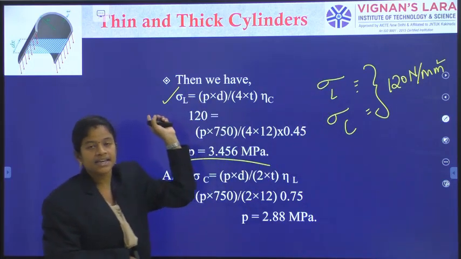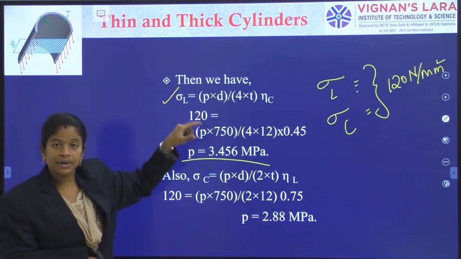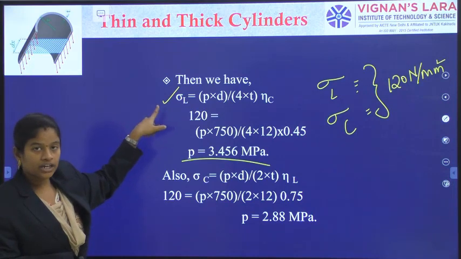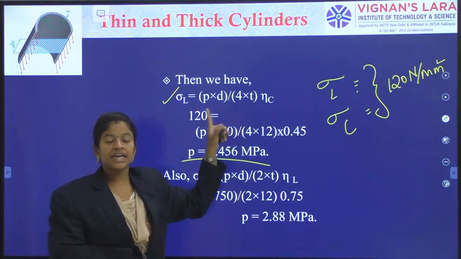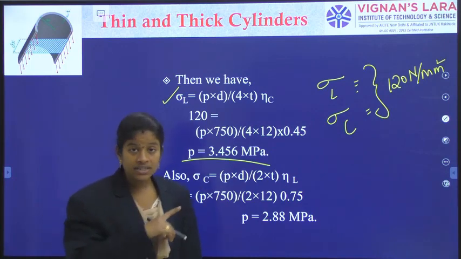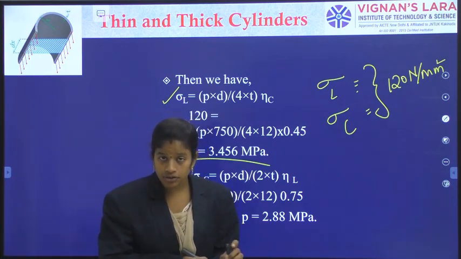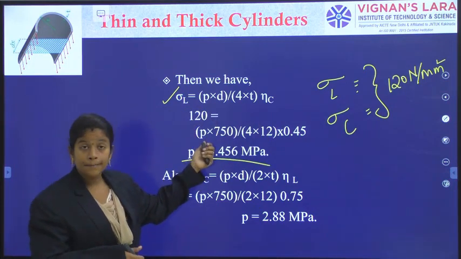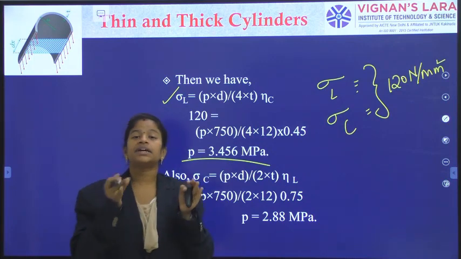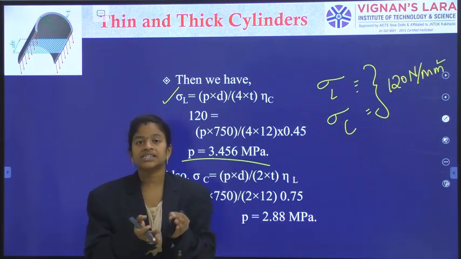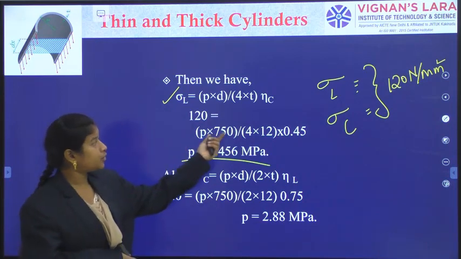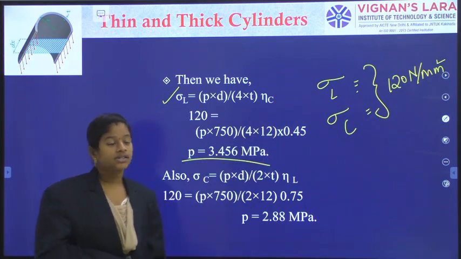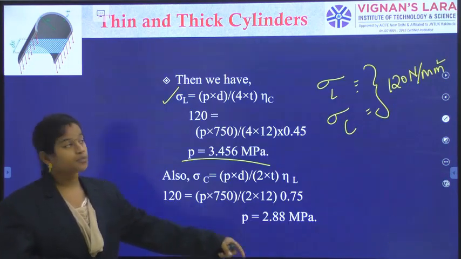Firstly, taking sigma L, the longitudinal stress in the metal, equated to 120 megapascals. So 120 Newton per mm square is equal to PD by 4T into eta C, because the problem mentions eta C, we have to use it. So 120 is equal to P, the maximum pressure offered by the fluid, into D, diameter 750, divided by 4 into T of 12 and eta C, the circumferential joint efficiency, 0.45.